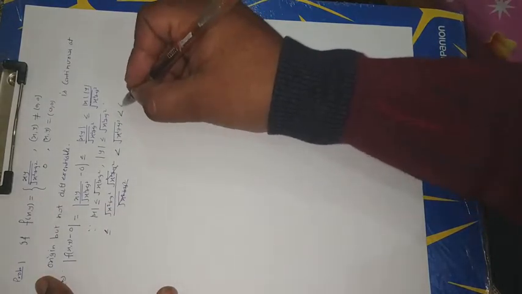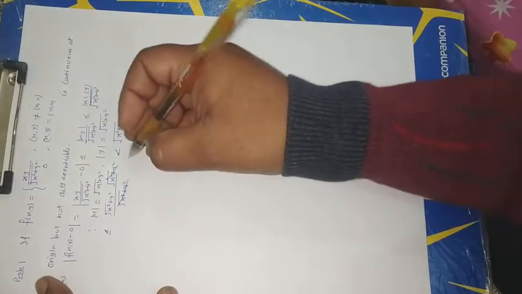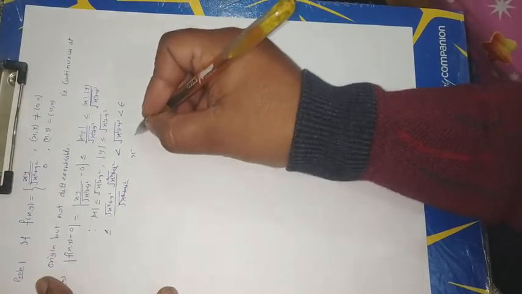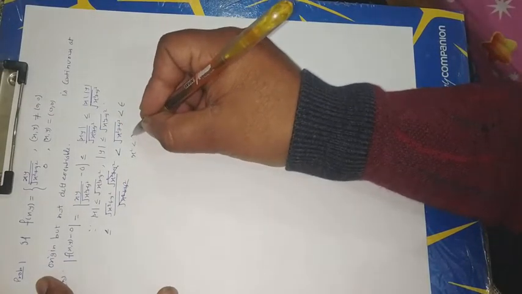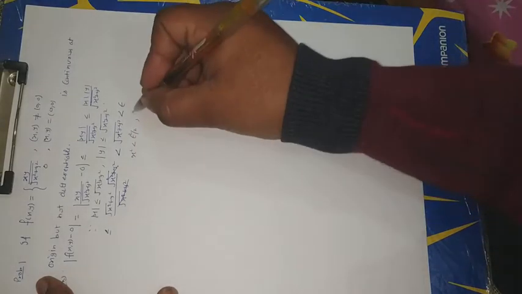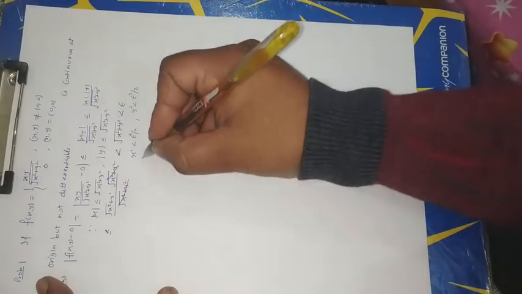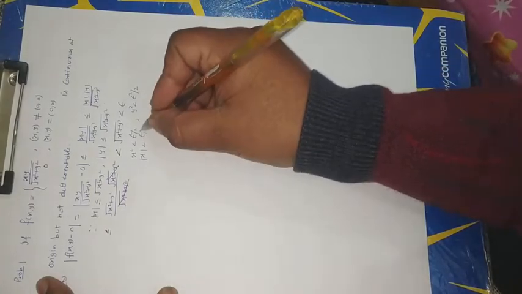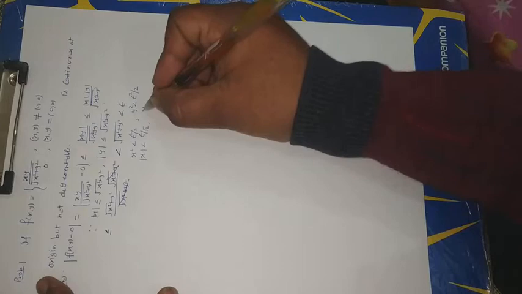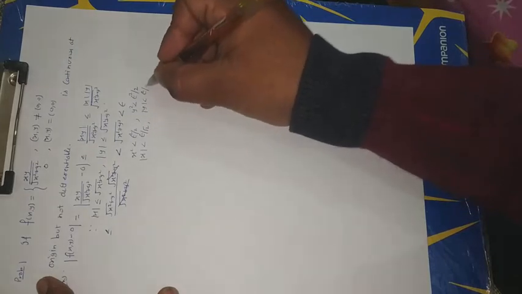Always to show lesser epsilon, it is only when x square lesser epsilon square upon 2 and y square lesser epsilon square upon 2, that is |x| lesser epsilon upon under root 2, |y| lesser epsilon upon under root 2.